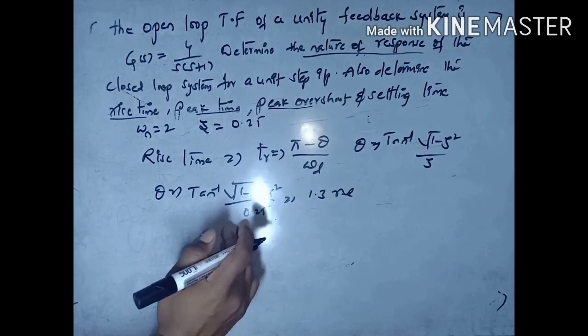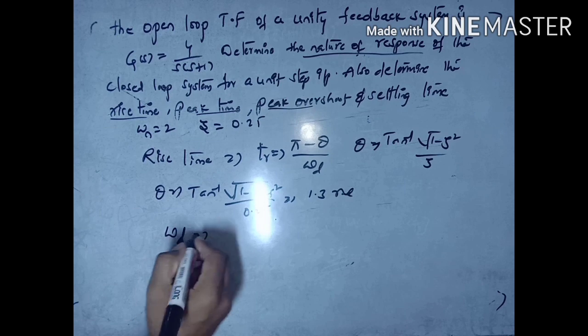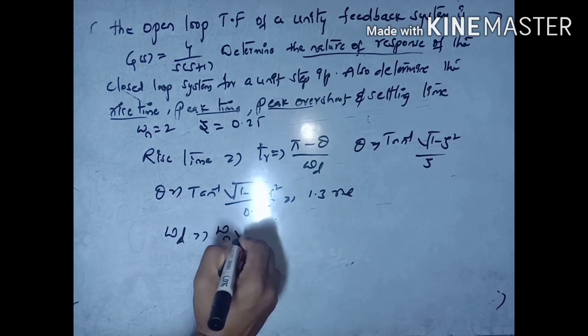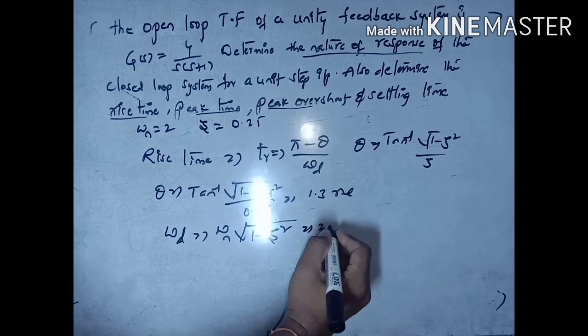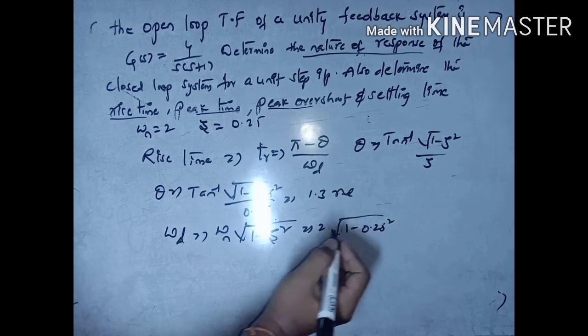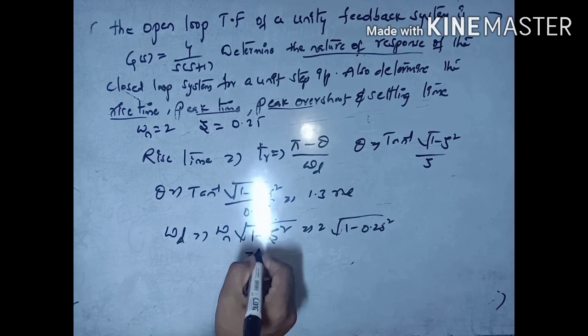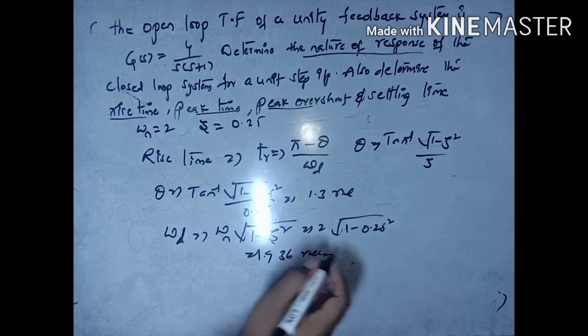And next we will calculate the value of omega d. Omega d equals omega n into square root of 1 minus zeta squared. Omega n is 2, and zeta is 0.25, so we will get 1.936 radians per second.